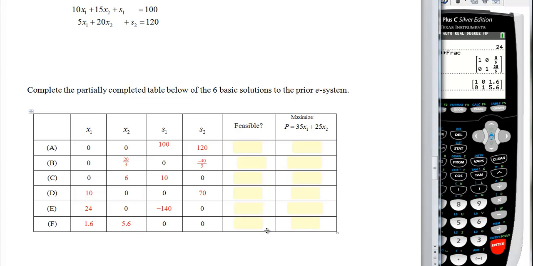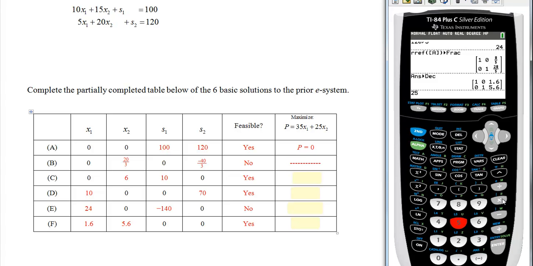Now, did you indicate which is feasible or not? Looks like B is not, E is not, everybody else is. All right, so plug your values x sub 1, x sub 2 in here, only for the ones that are feasible. This should be 0. That one's always easy. If I put 6 in here, 25 times 6, 150.